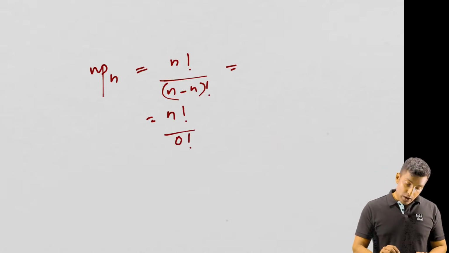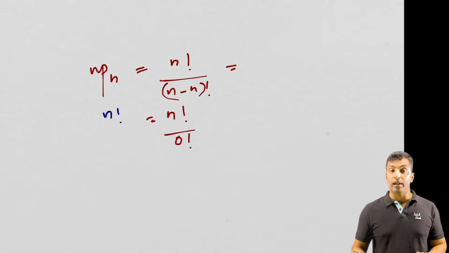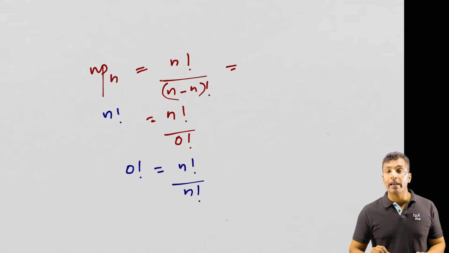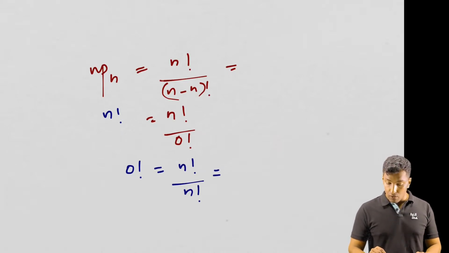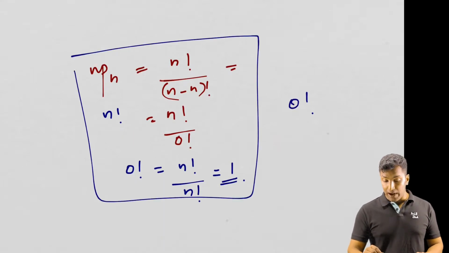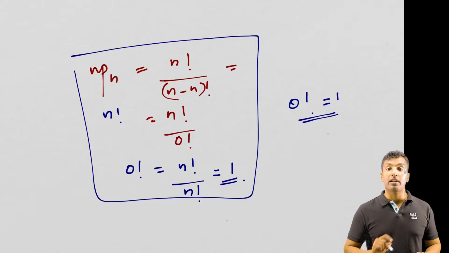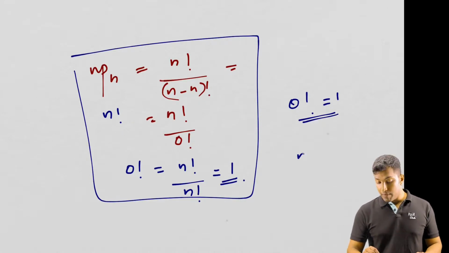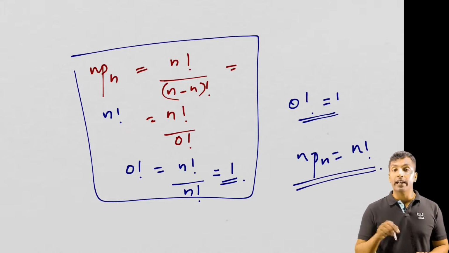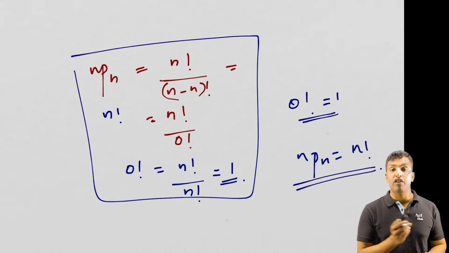Now we already know nPn is n factorial. So from this you can understand 0 factorial is equal to n factorial divided by n factorial, which is nothing but 1. I hope this is clear to all of you, how you get 0 factorial equal to 1. The important result required for that is nPn equal to n factorial, which we have already learned in the previous session, and we have proved it.